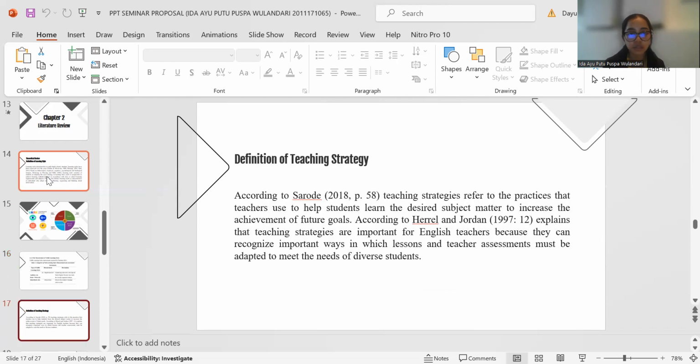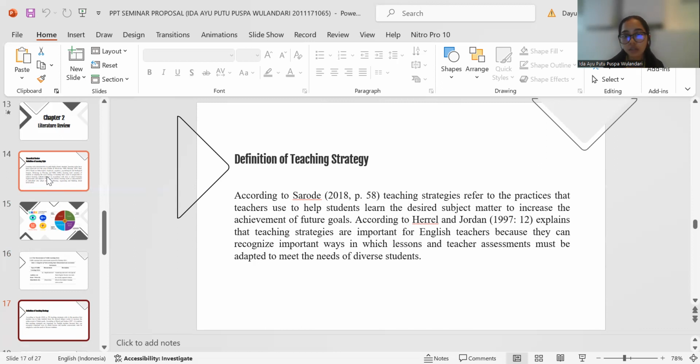Right, we're going to go to the definition of teaching strategies. According to Sarod, 2018, page 58, teaching strategies refer to the practices that teachers use to help students learn the desired subject matter and achieve future goals.